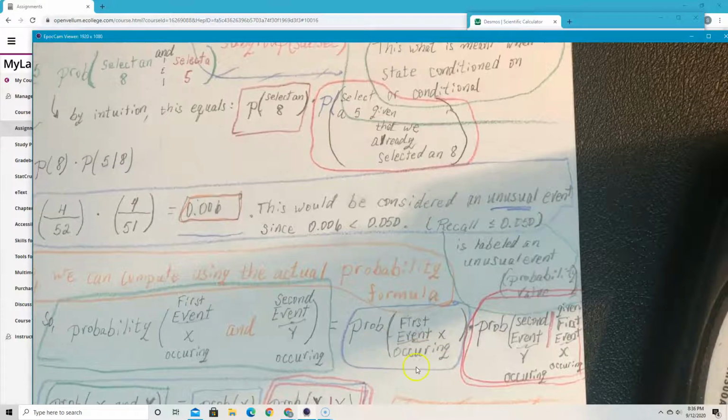The probability that the first event X occurred, which in this case was the 8, and there were 4 out of 52 chances for that, times, there's a dot right there, multiplied by the probability that the second event has to occur, because both of them have to occur, and this is the first one and this is the second one, so it should make sense that it's equal to the probability that the first one occurs times the probability the second event occurs, but given that the first event occurred, and we know the first event occurred.